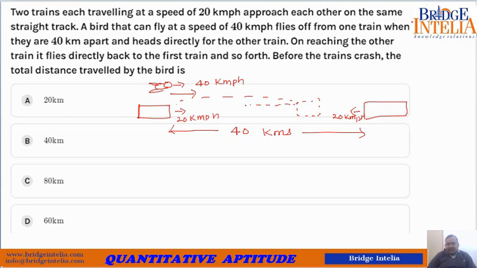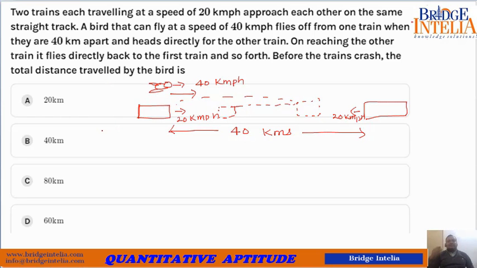So the bird goes here, comes back, because its purpose is to come back to its original train, but this train would also have moved forward. So the bird keeps on traveling between these two trains until the two trains crash. The question is, in doing so, what was the total distance that the bird had covered?